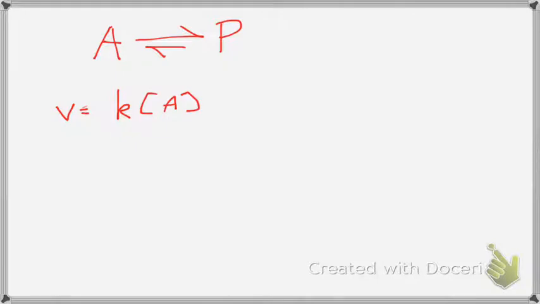And the reason why is because it's to the 1 power, right? Because the 1 is implied. So that means if you double A, you double V. If you triple A, V gets tripled.